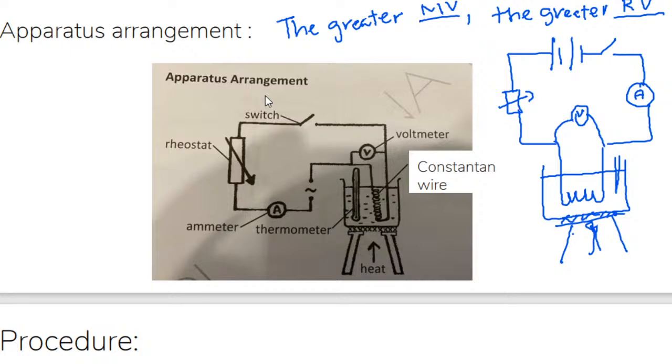Because sometimes it depends on your sentence. If your sentence is reversed, you need to write the responding variable first. If you use 'the greater', then use MV first. Easy to remember like that, Jasmine.